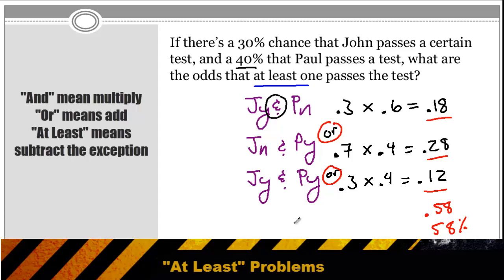Now to the shortcut. When the question says the words "at least," one thing you can do is test for the exception. So instead of figuring out all the different ways that John or Paul could pass, what about the opposite? What are the odds that neither one of them pass? So if there's a 70% chance that John does not pass, and we're going to multiply a 60% chance that Paul does not pass, then there must be a 42% chance that neither one of them passes.